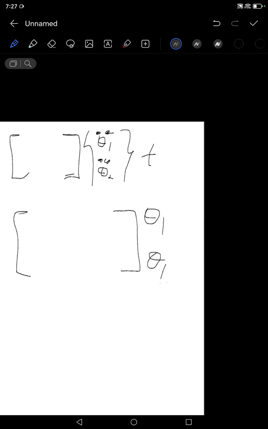The first one is for mass, and the second one is for stiffness.